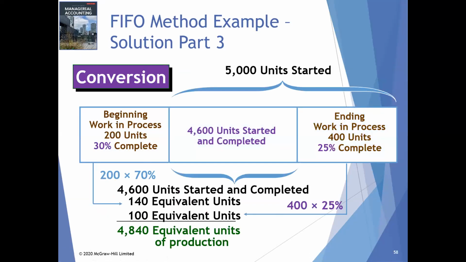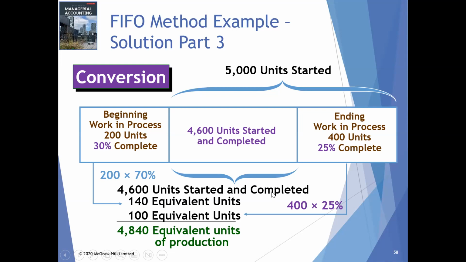So look at this for conversion. In the beginning, 30% is complete. It means the 70% here is the equivalent unit. The 4,600 units that were started will remain the same here.